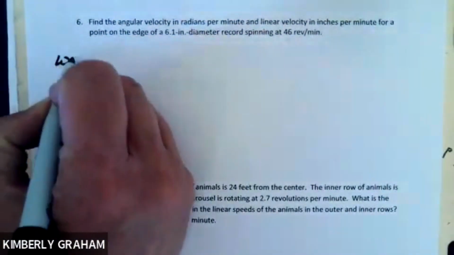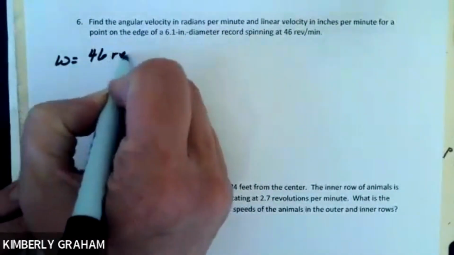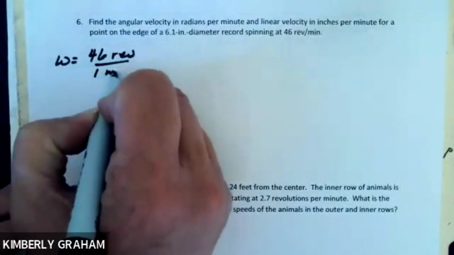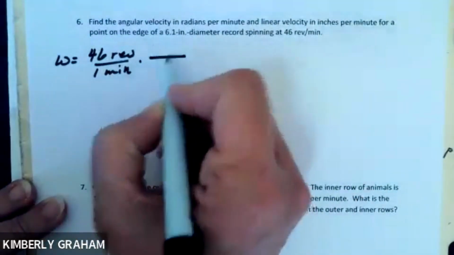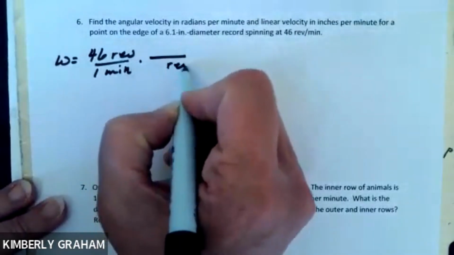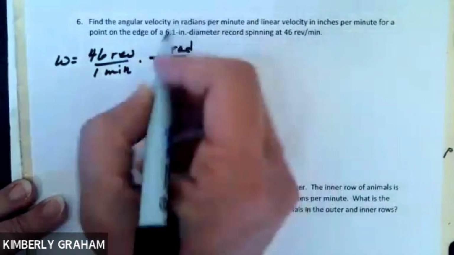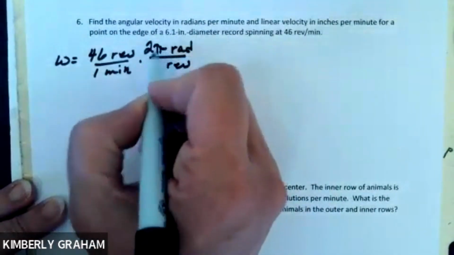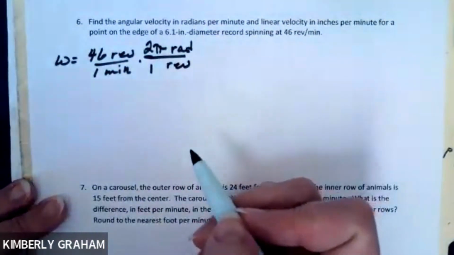So my angular velocity is 46 revolutions in 1 minute, and I am changing that by multiplying by something where the revolutions will cancel, and I end up with radians. So I'm going to be multiplying by 2 pi over 1, right? Because 2 pi radians is 1 revolution.